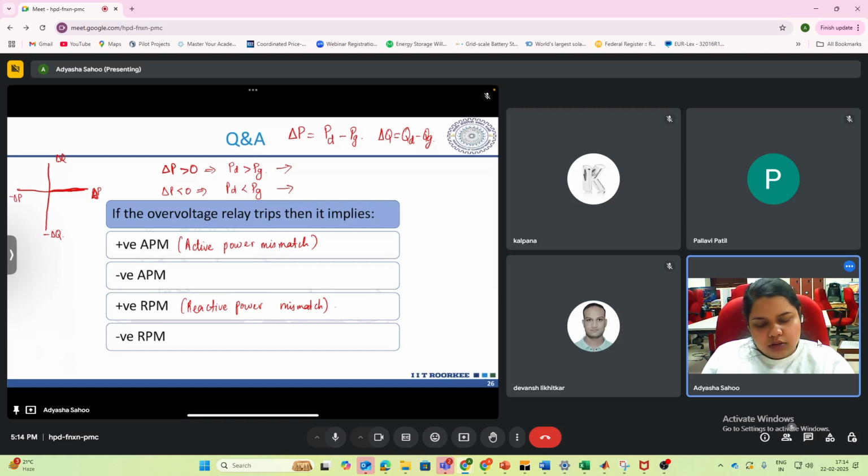If there is a greater amount of load, that means load is not being satisfied, generation is less, that will lead to under voltage. That will be under voltage, right? And similarly, if you have excess generation with you, that will be over voltage.